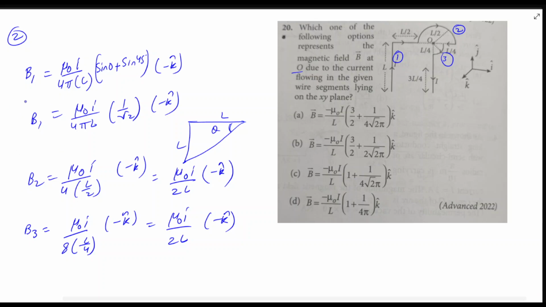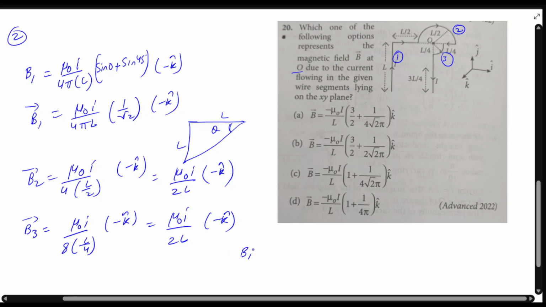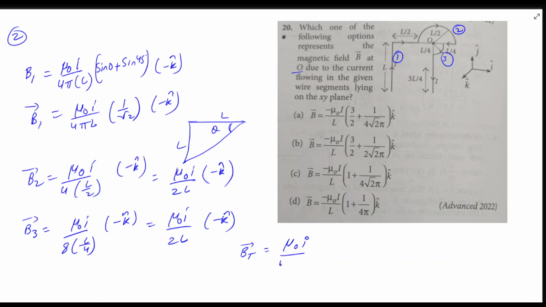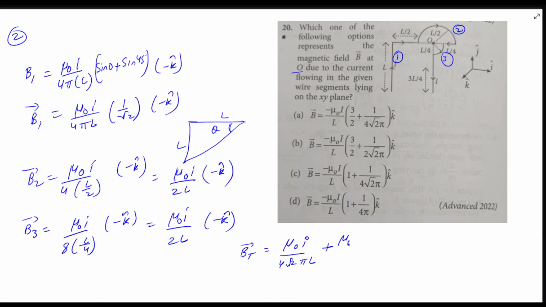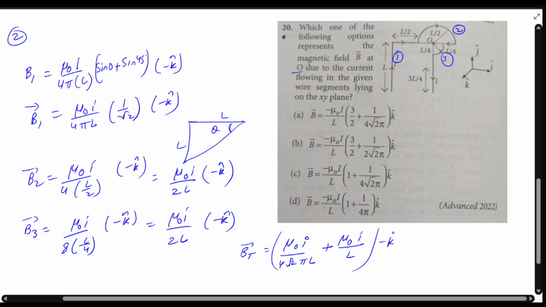Let's add all these because these are vectors. The direction is minus k cap, and B total will be mu naught I upon 4 root 2 pi L plus mu naught I upon 2L plus 2L, so it will be simply L, and the direction is minus k cap.